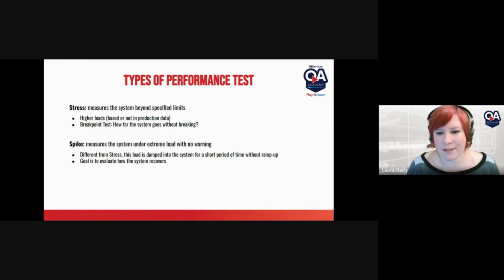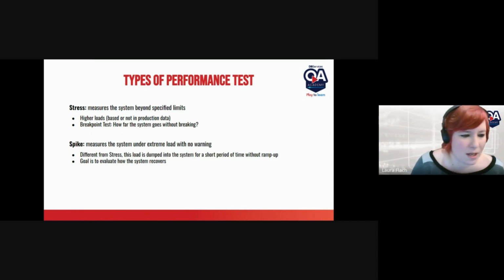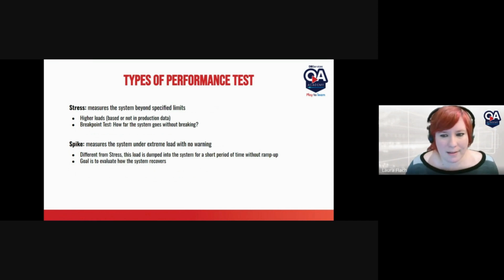For example, a Black Friday simulation would have many more users buying stuff online, so the load will be very heavy. This is a stress test. You can base your stress or high load on production data, or you can just apply some percentage of increase. This is pretty common.